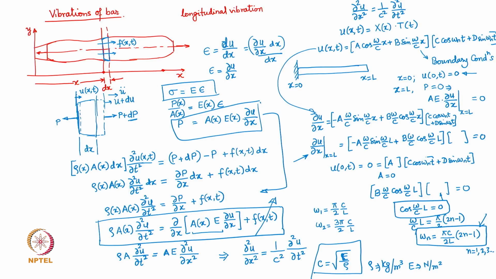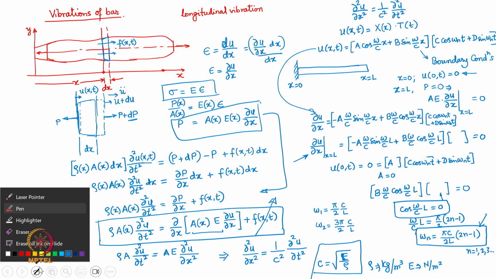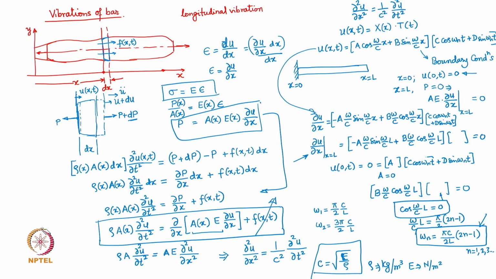What is the mode shape? Mode shape is still the same. Now I will rub this out to make space for showing what the mode shape is going to be like.